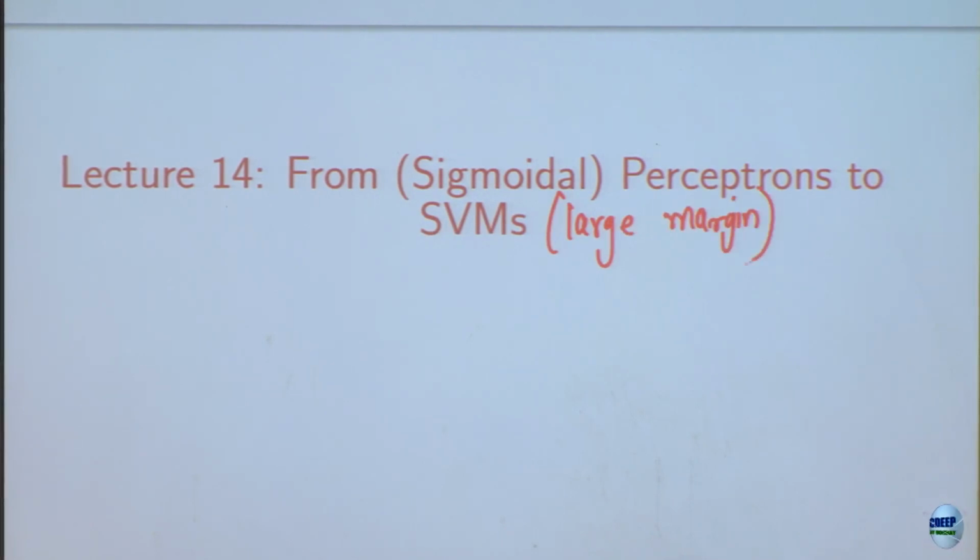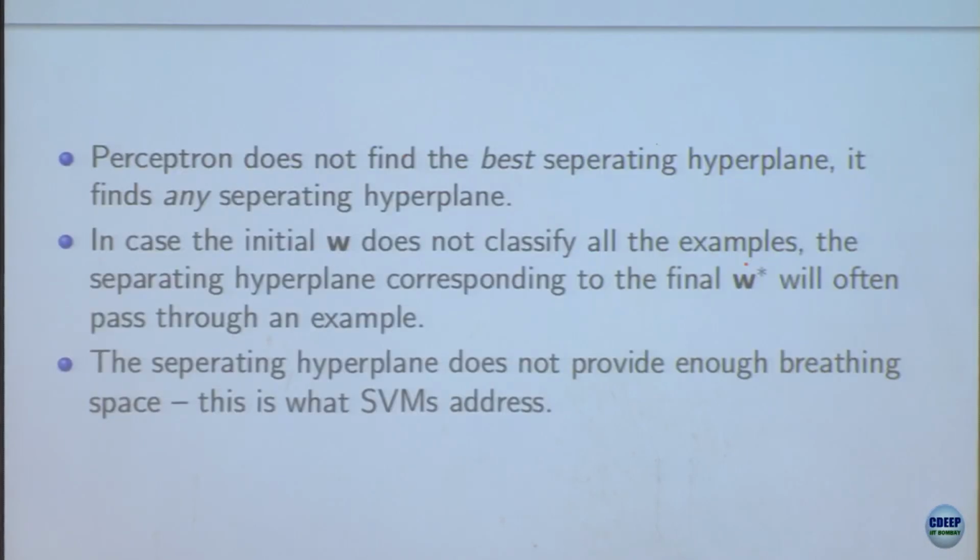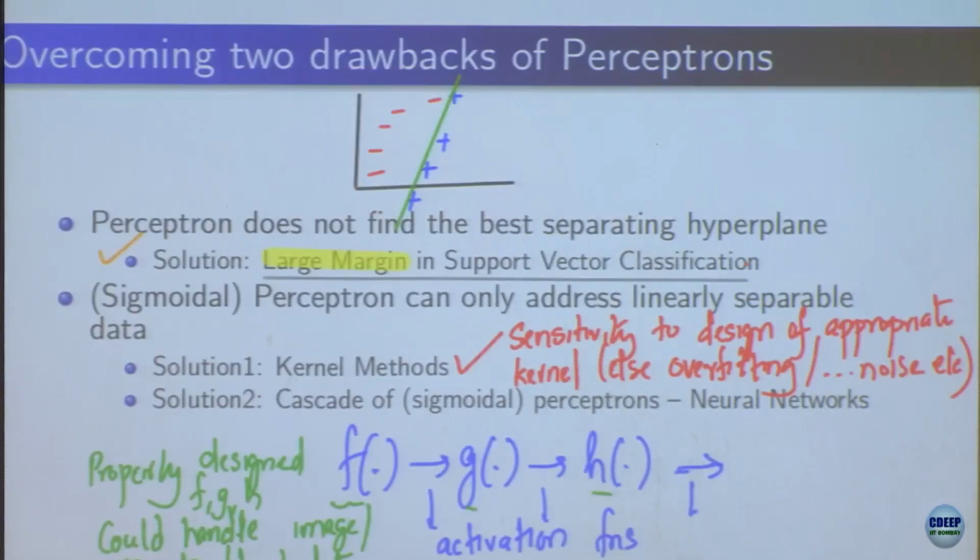What is the notion of a margin? This is the background that the perceptron does not find the best separating hyperplane. It finds any separating hyperplane. In case the initial W does not classify all the examples, the separating hyperplane corresponding to the final W star will often pass through an example. And that's exactly what I was trying to show here.